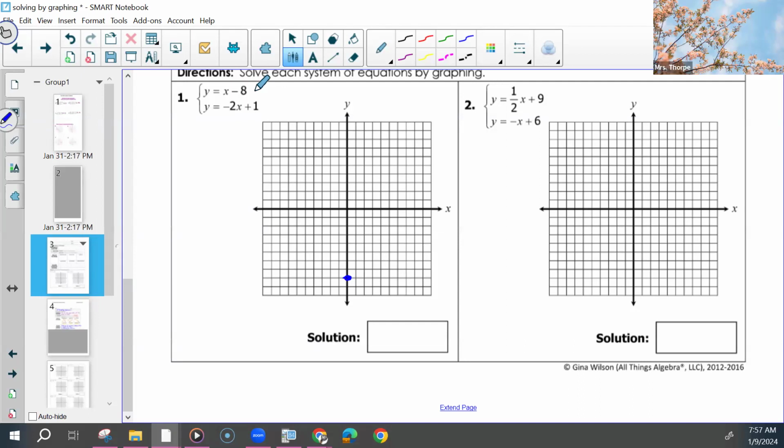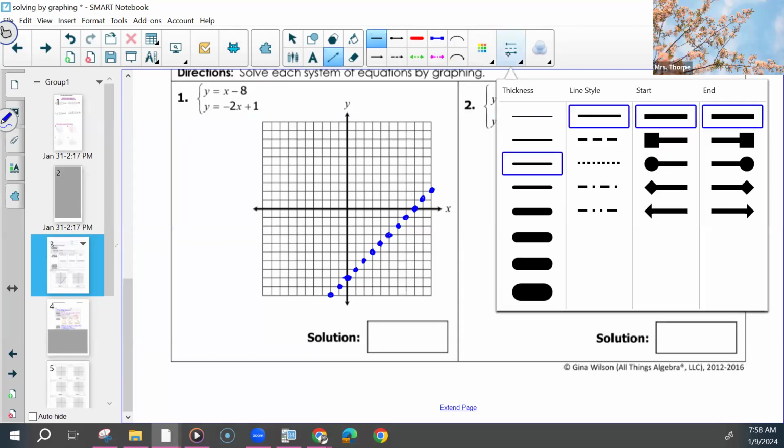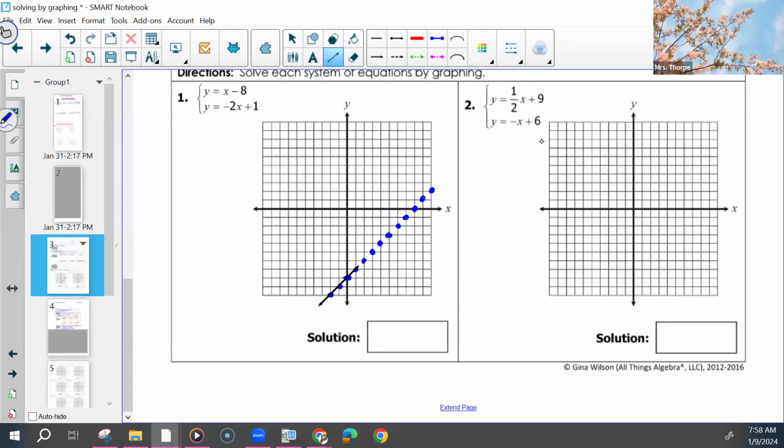So that means we can go up 1, right 1 as many times as possible, fill up your graph. And down 1, left 1 as many times as possible. Once you have all of your points, go ahead and make a line. Make sure it has arrows, because lines go on forever and ever.